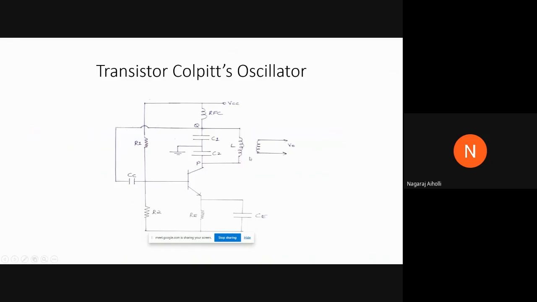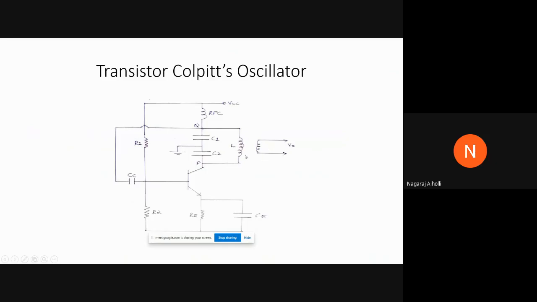This transformer provides electrical isolation between the output of the oscillator and the load, and it also provides impedance matching between the output of the oscillator and the load. These are the two properties of the transformer connected at the output of the oscillator circuit.